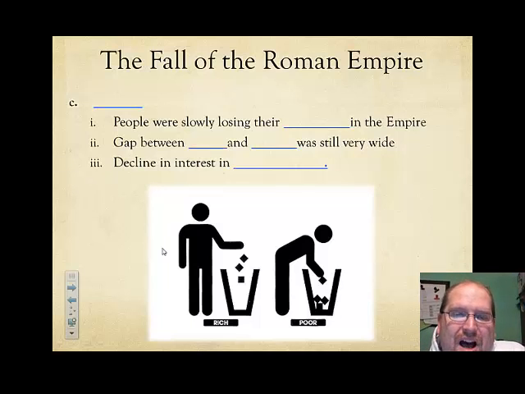People just were not interested in the government. They didn't care. They were getting fed up with it to the point they just gave up. And when that happens, a lot of bad things can happen, including you get some bad leaders, and eventually these bad leaders try to take too much power, and then there goes the whole idea of a real free government.